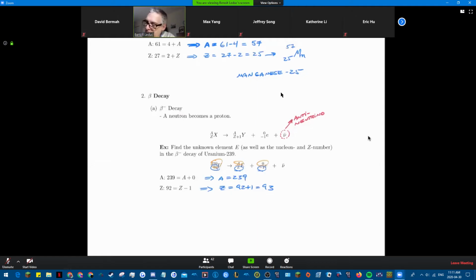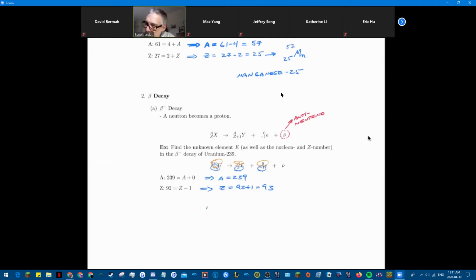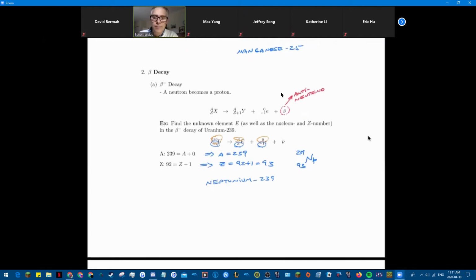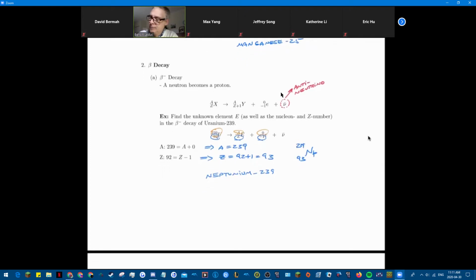Neptunium, that's correct. And it's going to be Neptunium what? 239. That's correct. Neptunium 239. So it's Np. Yeah, it's Np. All right. So Np 239, 93. Very good.